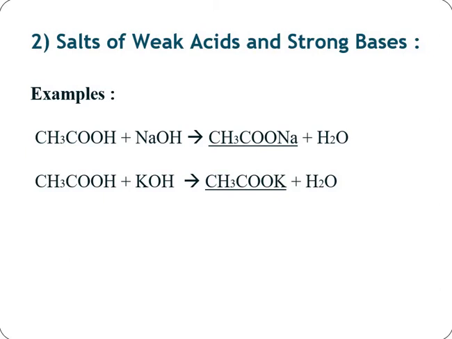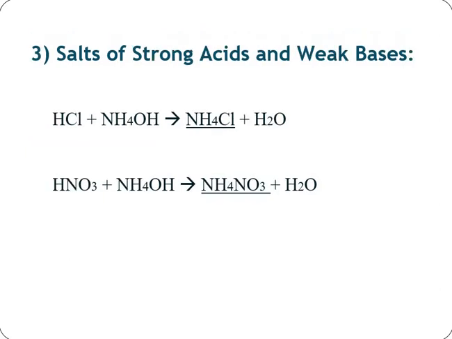Now third type is salt of strong acids and weak bases. So we know already examples of strong acids: hydrochloric acid, nitric acid. These are the examples of strong acids. When HCl reacts with ammonium hydroxide, it gives ammonium chloride.